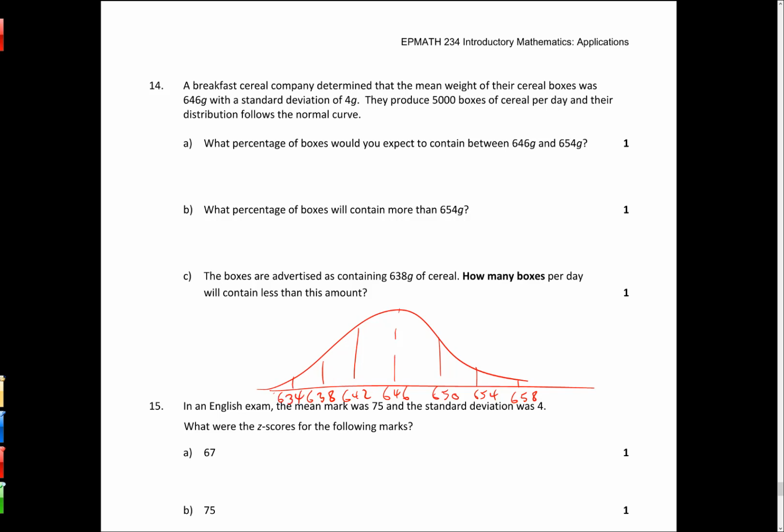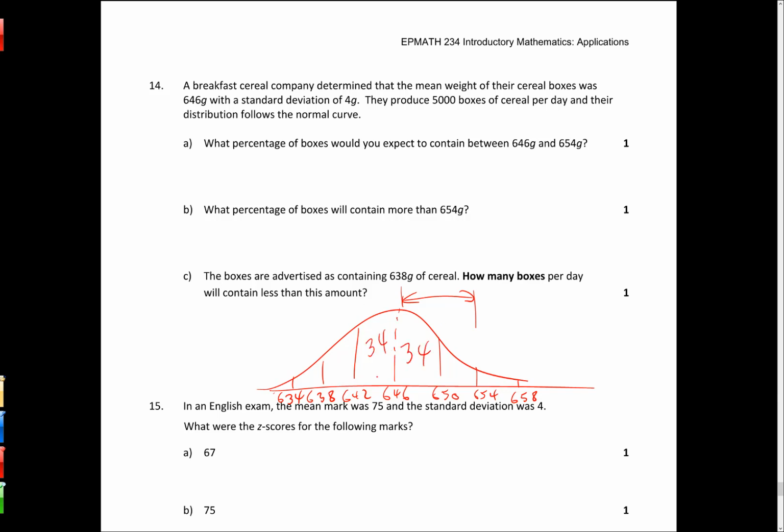What percentage of boxes would you expect to contain between 646 and 654? 646 and 654, it's all of this region. And if I've remembered my percentages, the data sheet tells me 68% lay between here and here, so that's 34 each.